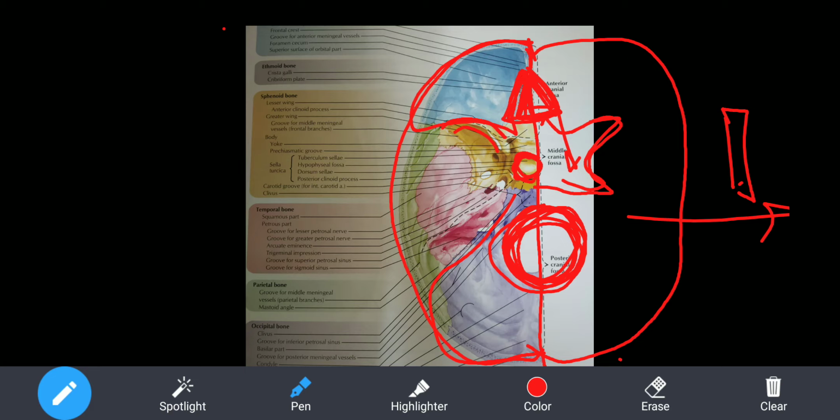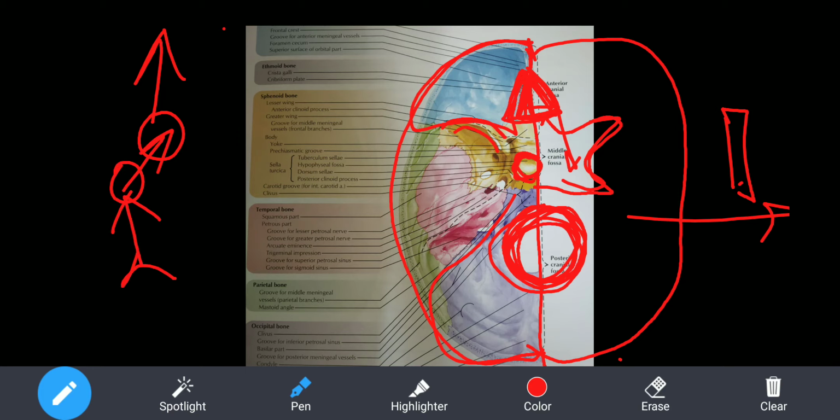And now this cranial cavity, I will tell you what is the actual view. I just started with all of this. Imagine that a person is standing here, looking in front, and you are standing behind him.